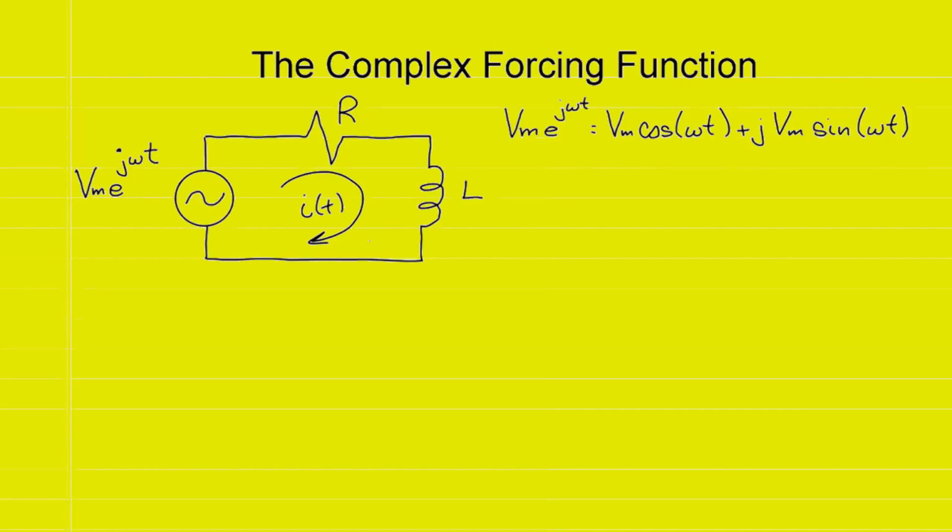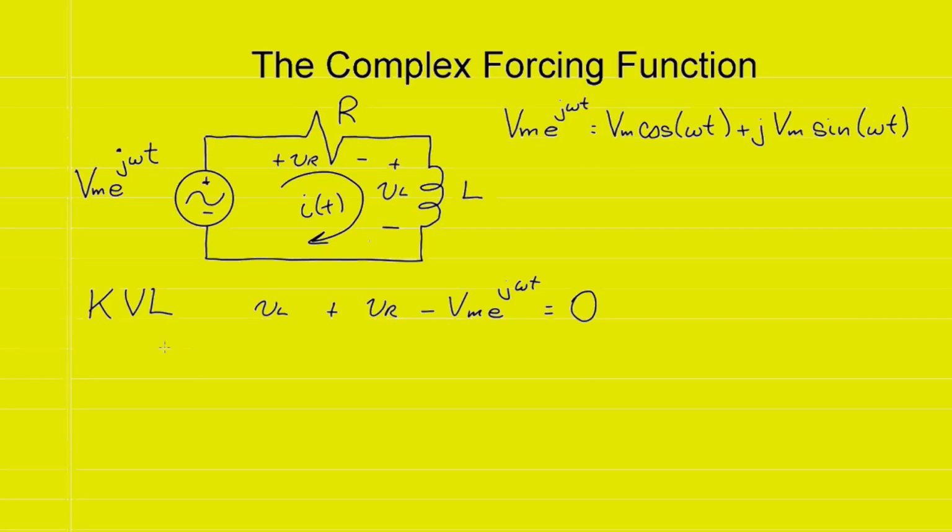To begin our analysis, we can use KVL around the loop, where we'll take the inductor voltage VL plus the resistor voltage VR minus the voltage across our source, which should add to 0. We can write VL plus VR minus Vm e to the j omega t must be equal to 0.